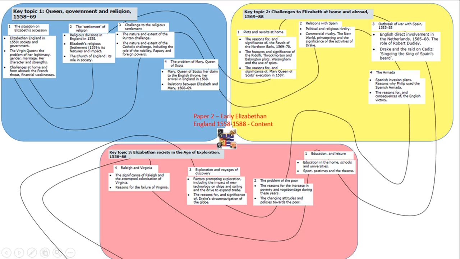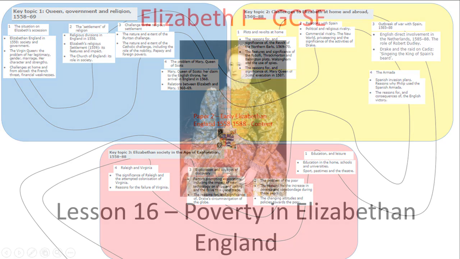The most important thing to take away from this lesson are the reasons why poverty increased that we've discussed, and that you're able to explain them, because there is a good chance that if they're going to ask a 12-mark question, that this particular topic, why did poverty increase, lends itself quite nicely to a 12-mark question. Explain why poverty increased. Explain why there were more poor people in Elizabethan England.